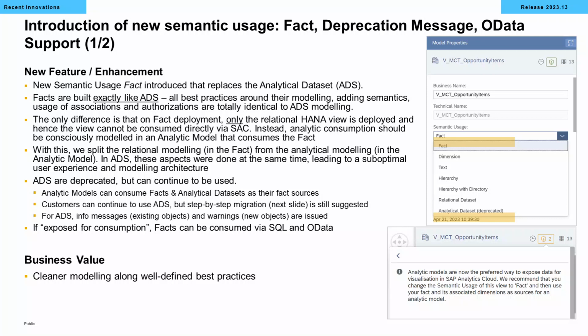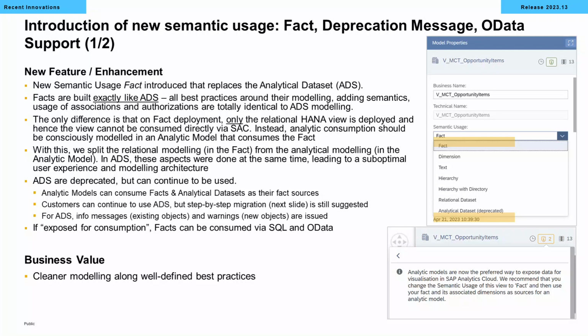What we did introduce to make it clear that ADSs are no longer the go-to way, but rather facts plus analytic models are for modeling, are warning messages and info messages depending on what object you have in front of you. An ADS automatically receives an info message that you're seeing on the bottom left.